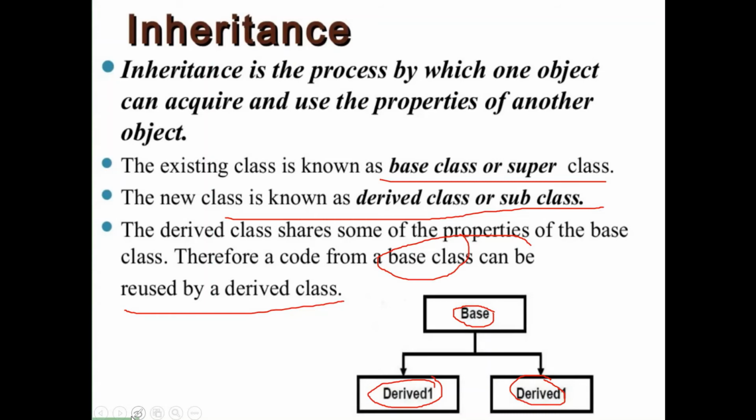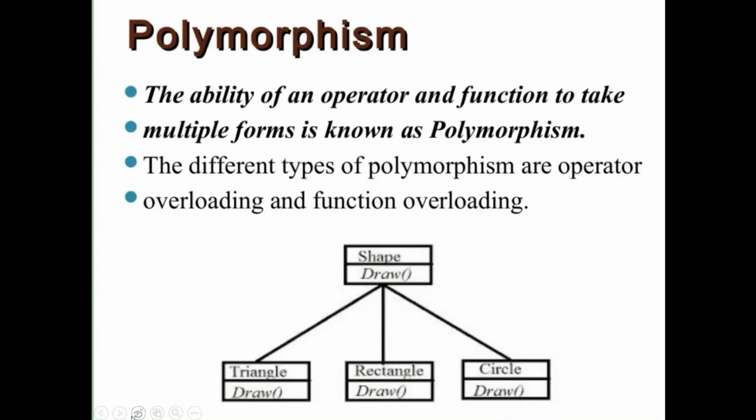There are multiple different types of inheritance, so we can see in the chapters. The next concept is polymorphism. What is polymorphism? The ability of an operator and a function to take multiple forms is known as polymorphism.